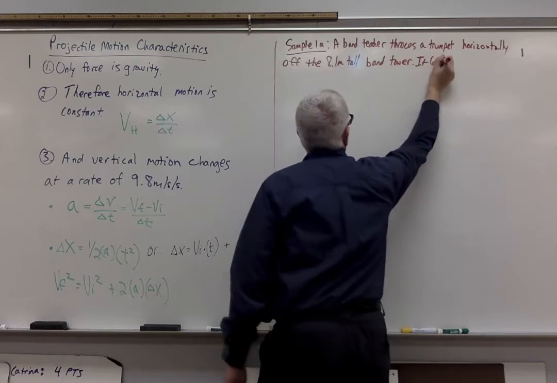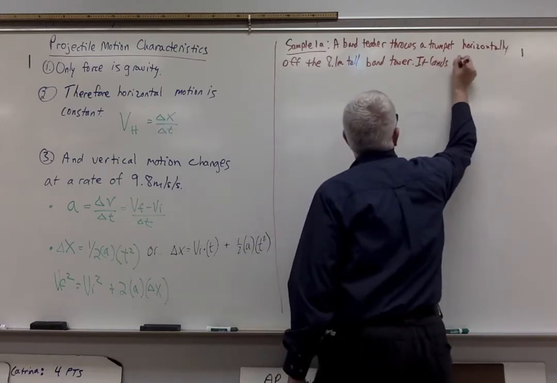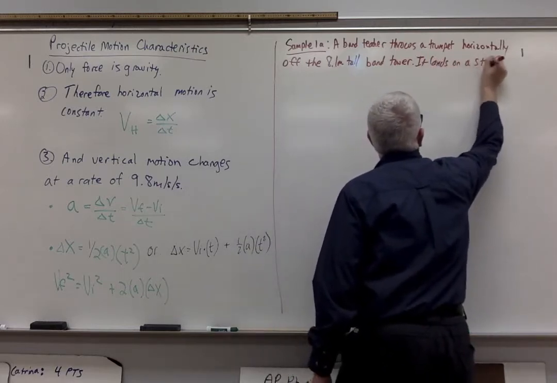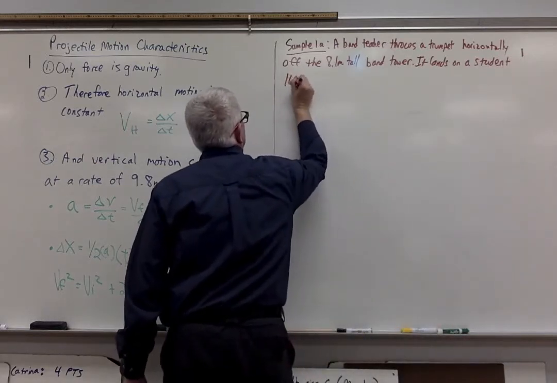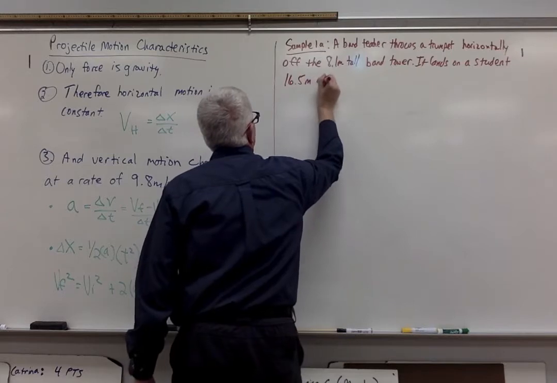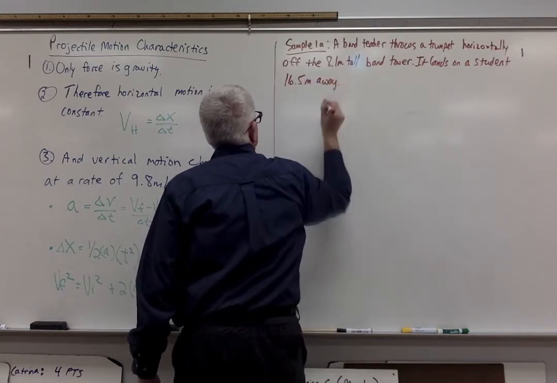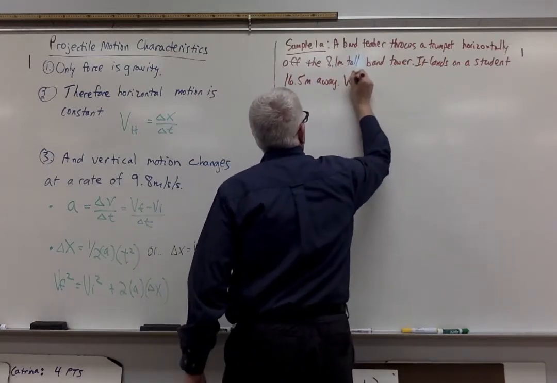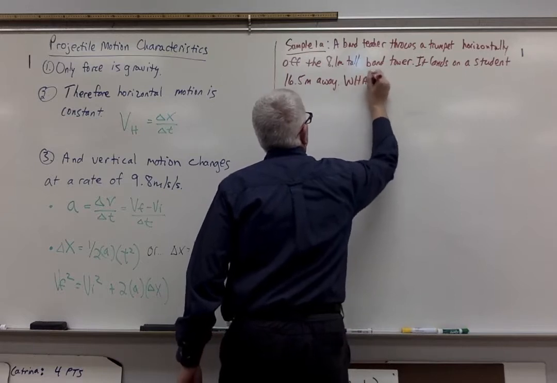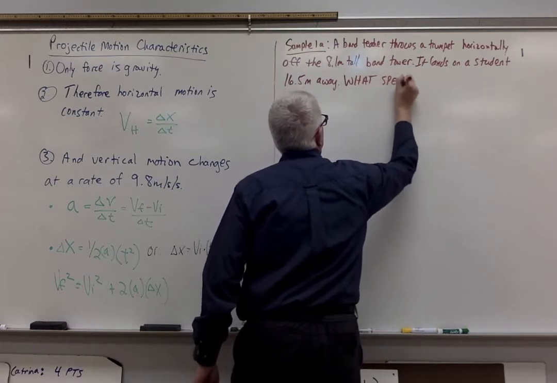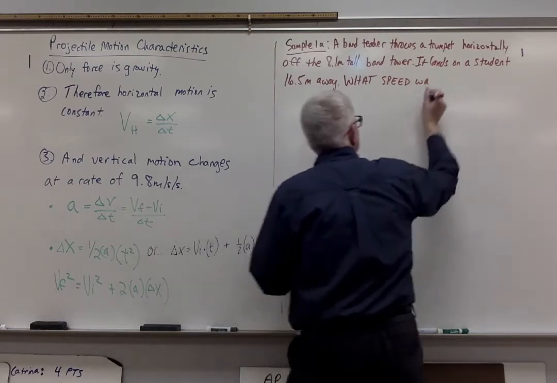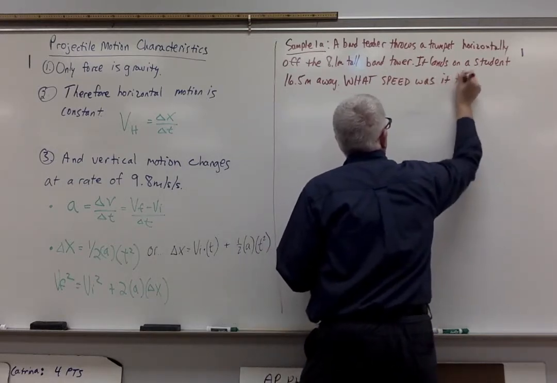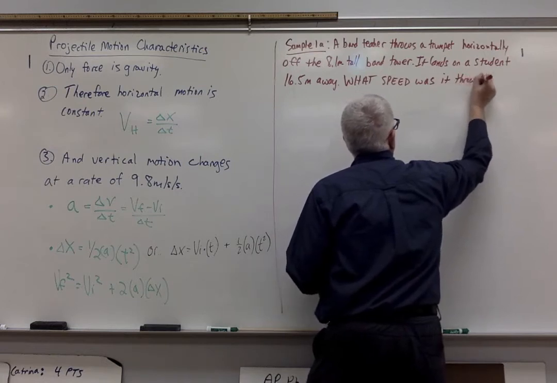It lands on a student 16.5 meters away. And the question is, what speed is it thrown, or what's its initial velocity?